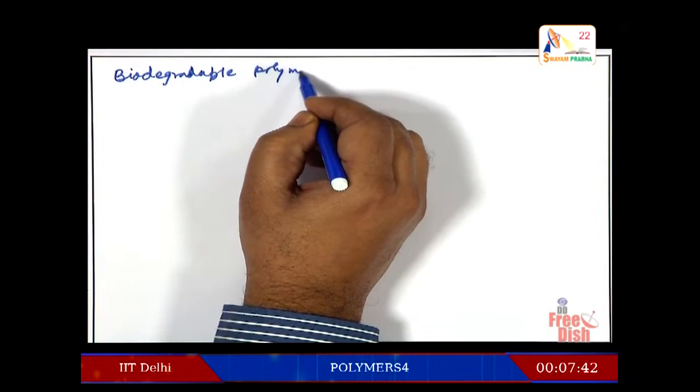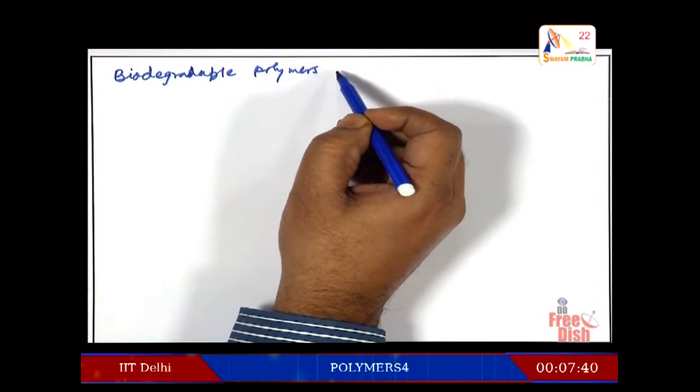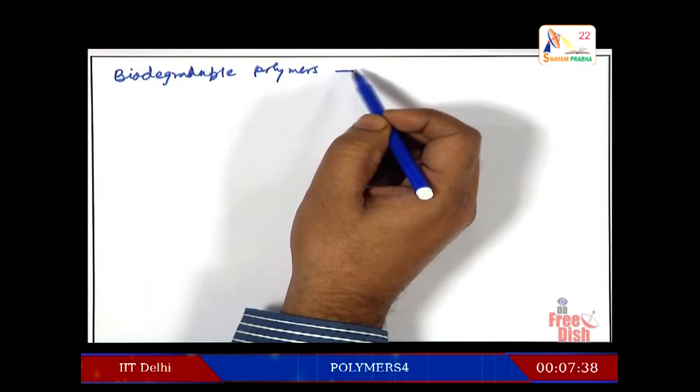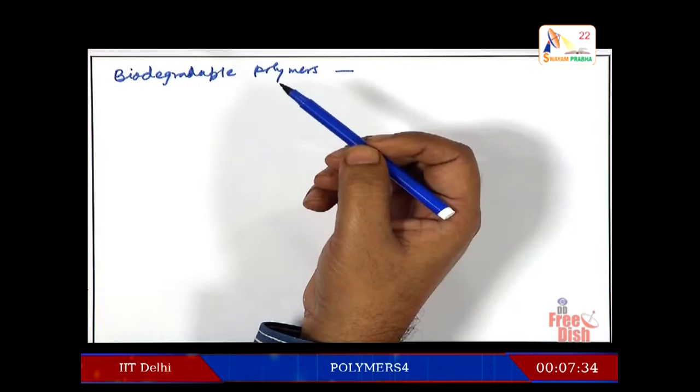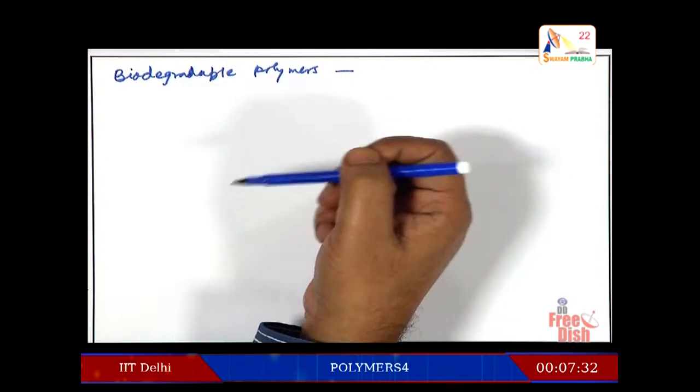When we talked about polymers, their preparation stages and uses, the last step is very critical because nowadays polymer waste is becoming a problem. Managing polymer waste which is not degradable by environmental conditions is a problem. If we can develop new biodegradable polymers, it will be easy for us to handle this polymer waste.